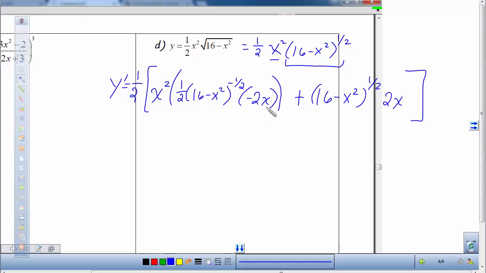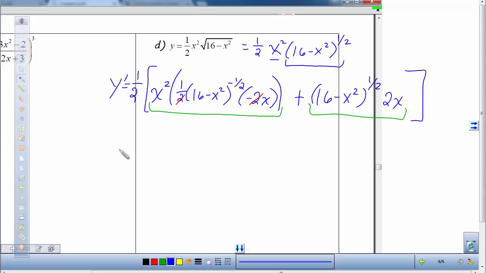And so now I've got two huge terms. At least one of them is pretty large. This is one term, and then this is my second term. In this first term, I can cancel out this 2 with this 2. We're left with a negative. And then I'm going to put my x's together.